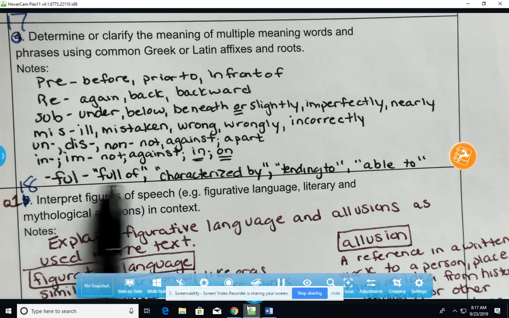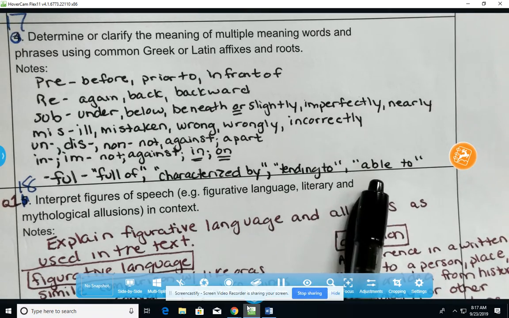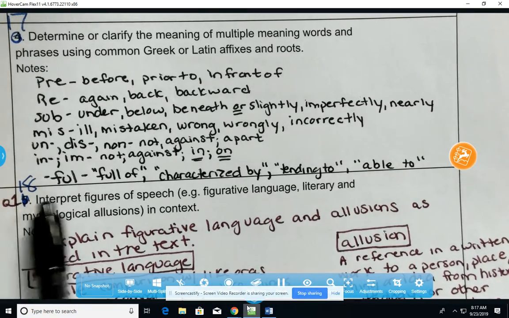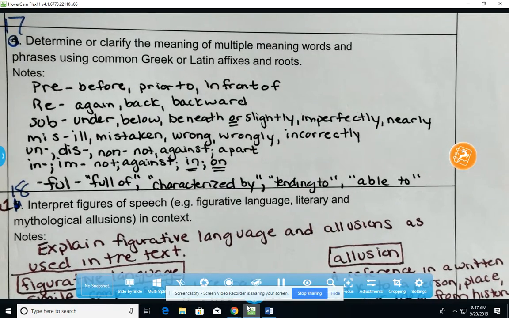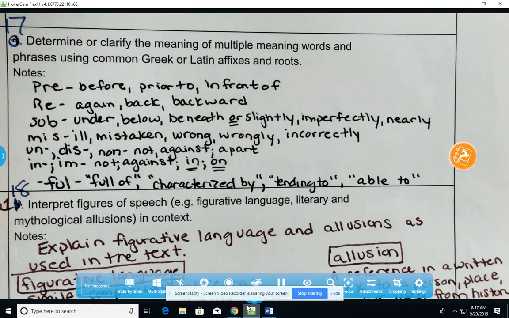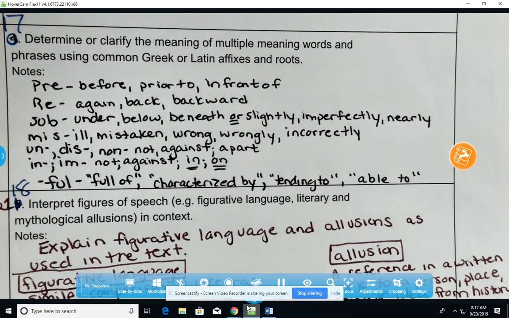So full could mean full of, characterized by, tending to, and able to. So you're going to have some practice this week looking at words that have that suffix of full as the ending part of their word. So please make sure you do that practice.